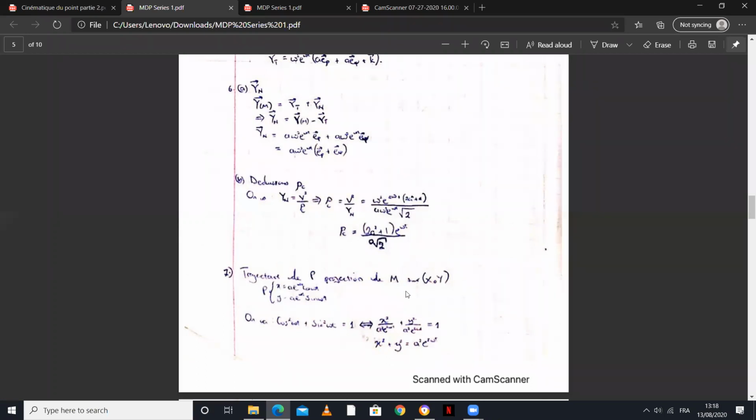So this implies that when you square the x and you square the y, and then you divide by these guys here, they are exponential omega t, it's just going to give you cos squared omega t and sin squared omega t. That's why this term is equal to 1.